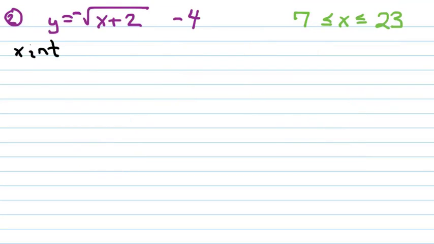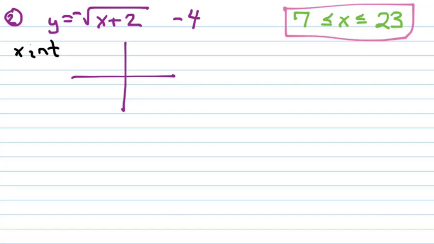Let's look at the next graph. So again, we're going to be looking for the x-intercept and y-intercept and the max and min over the restricted domain. It's always best to sketch the graph. That way you know what you're looking at. And so let's sketch this graph. It's negative, so that means it's opening upside down.